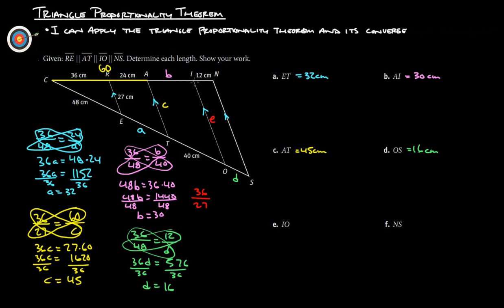So now we've got to go from here all the way back to here with this one. So these both together are 60 plus B is another 30. So that whole thing is going to be 90 is to E. Cross products. And away we go. So we got 27 times 90 equals 36E.